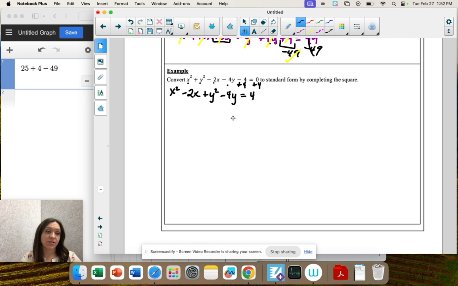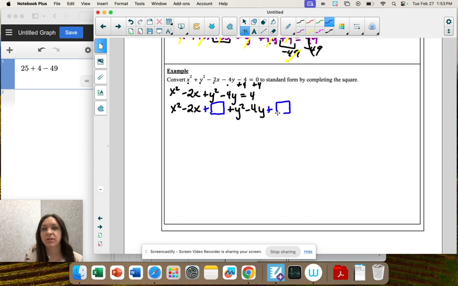So this part is called completing the square. And what happens is you take your x values, and we're going to add on a third number out here. So I like to draw a box and leave space for it. And then I take my y values, and same thing, we're going to add on a value, equals 4.